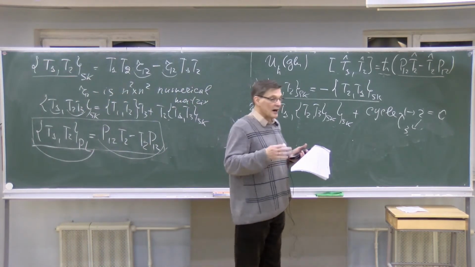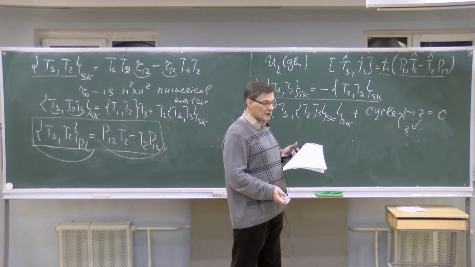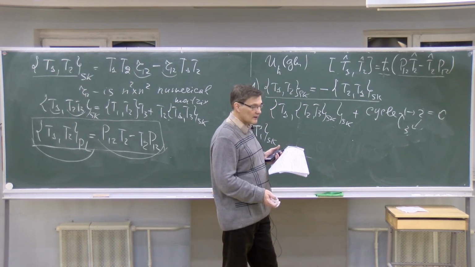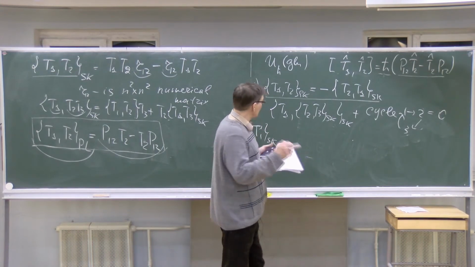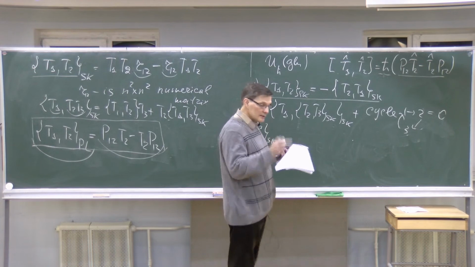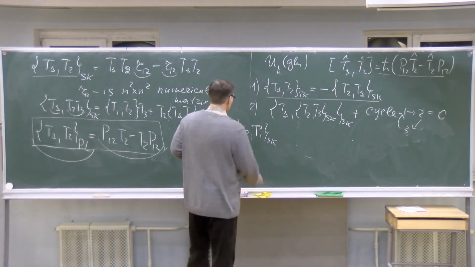So I should guarantee the antisymmetry and the Jacobi identity. Skew symmetry is not guaranteed by definition. It imposes a requirement on R. Which requirement?